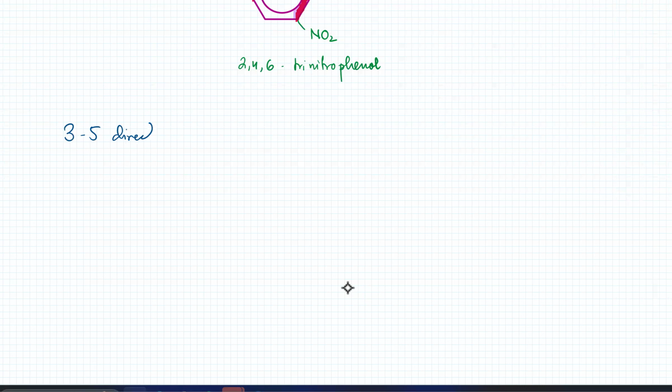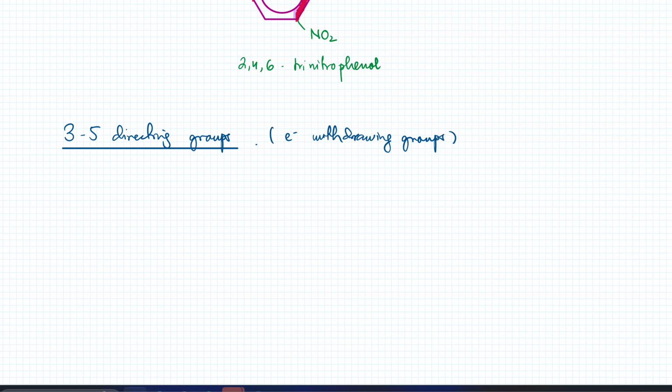These are also known as deactivating groups. They're electron withdrawing groups. Once again, these ones are electron withdrawing groups.